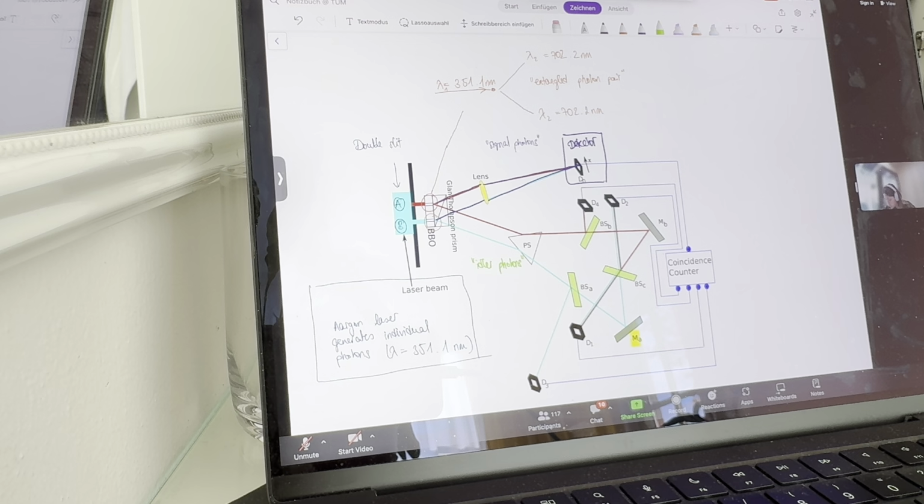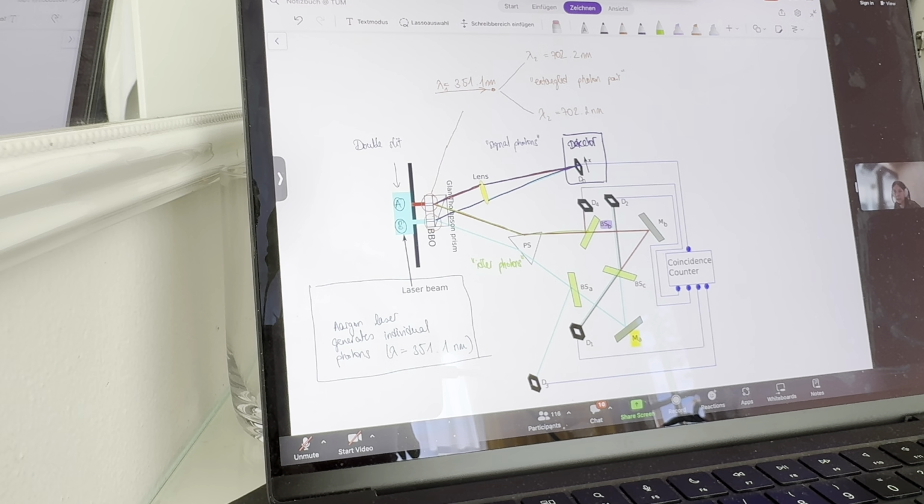One goes up to the detector and one goes down, and that is what I want to look at here in more detail. So one photon goes down, will be diffracted here by this prism, and travel to the beam splitter here. So this is a beam splitter.